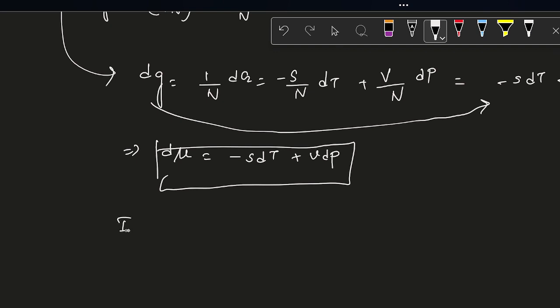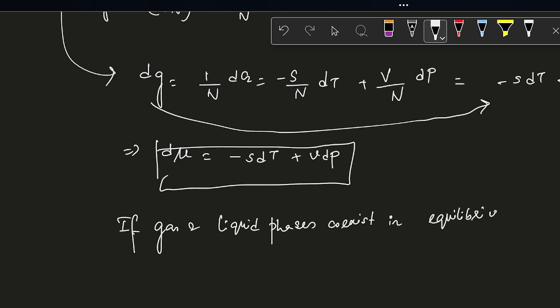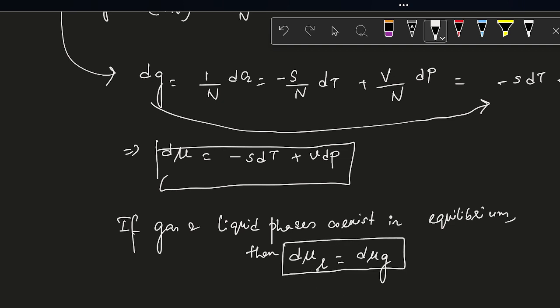That means if gas and liquid phases coexist in equilibrium, then d mu L equals d mu G. So the infinitesimal change in the chemical potential for the liquid phase, d mu L, will be the same as the infinitesimal change in the chemical potential for the gaseous phase, d mu G. This is the condition of equilibrium between any two phases. For this case, the phases are gas and liquid, so this relation is valid.